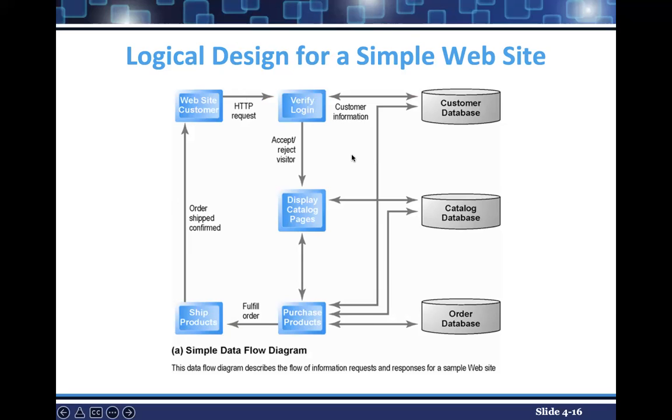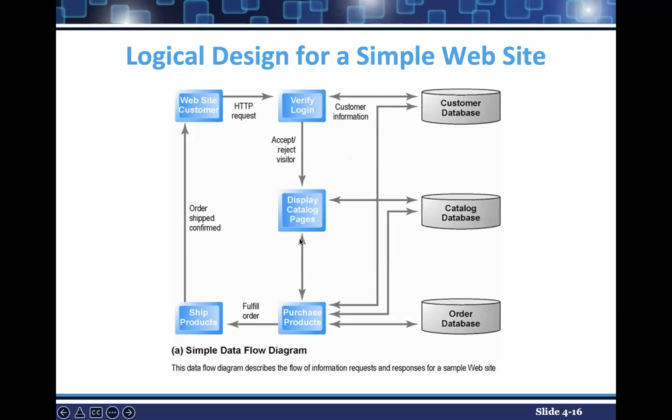Here, you can see that for the customer database, the customer information is sent and checked for verifying the login, and then we may accept or reject the visitor. If they are accepted, you can display the catalog pages by retrieving the data from the catalog database.